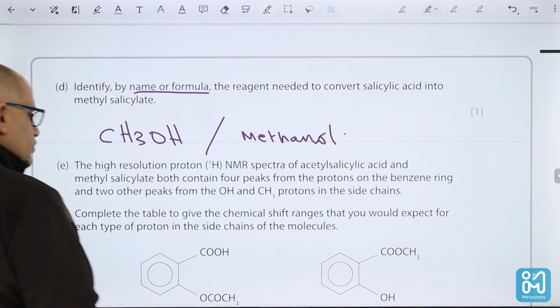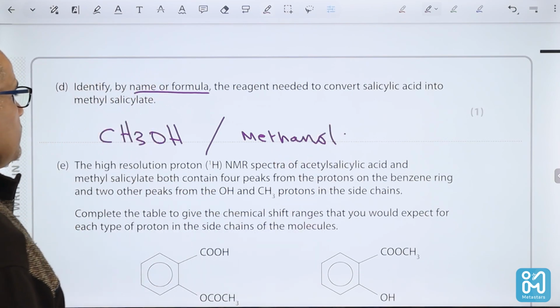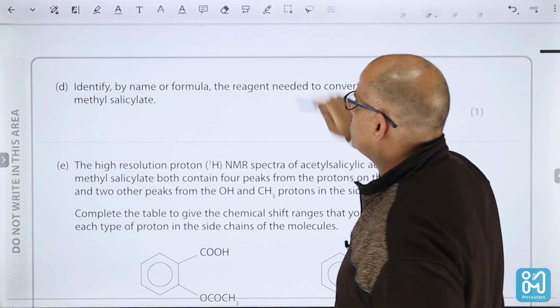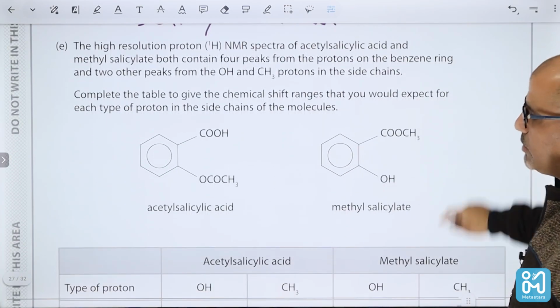This is according to your experience in the reaction mechanism and in the names of the reagents which react with each other.